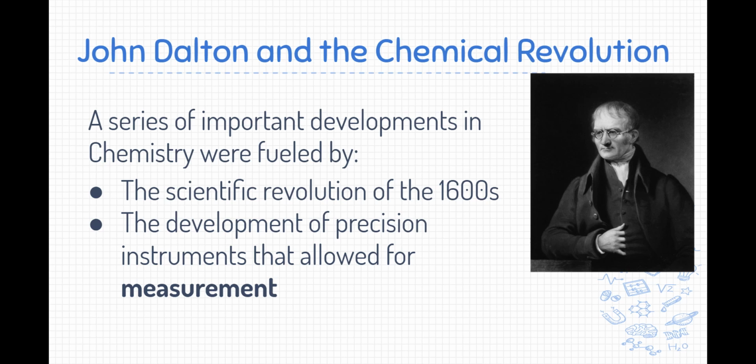And this allowed for measurement. And as soon as you could begin to measure things more precisely, then you could start to quantify things. And this was in the chemical revolution. This is where chemists started to attach numbers and measurements and mathematics to chemistry, which really turned it into a hard science.